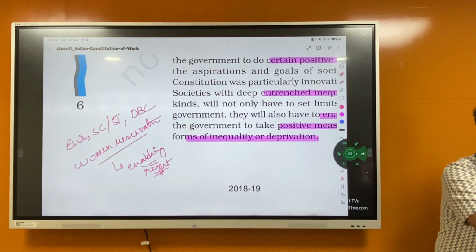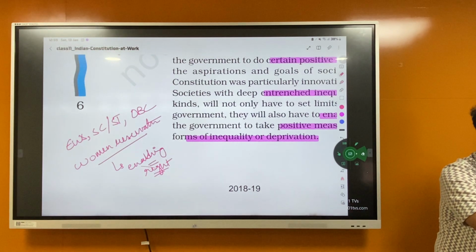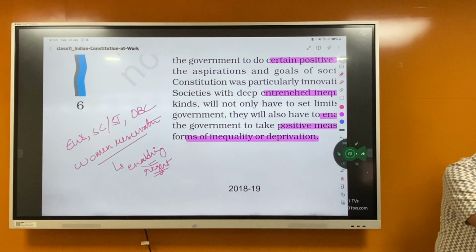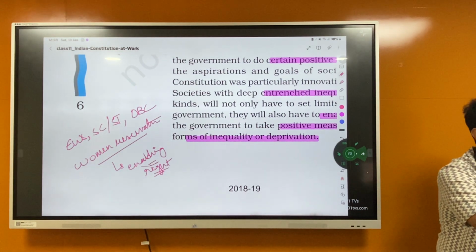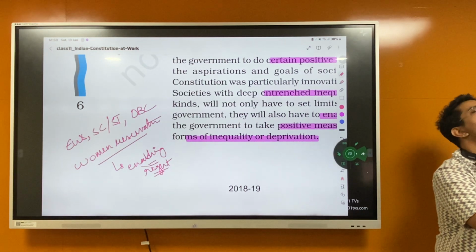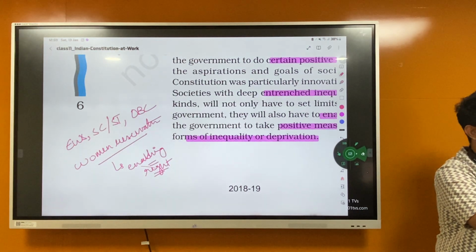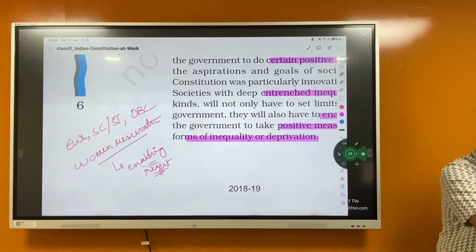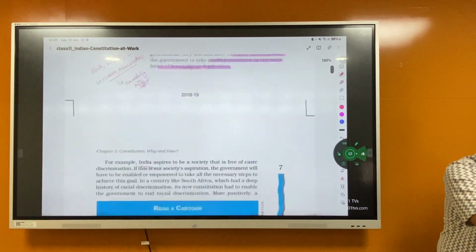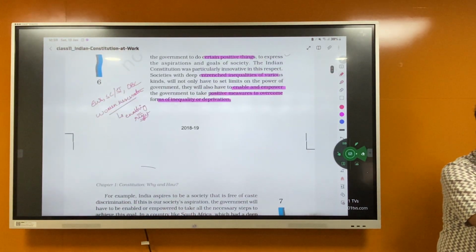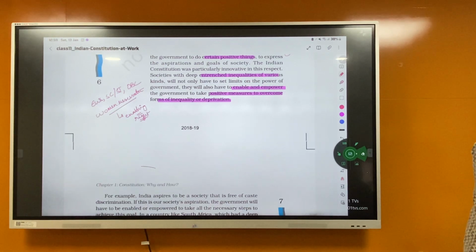Now they have included one more, called EWS. And through which Amendment Act was it brought in? What was the Amendment Act? 103rd Amendment. Okay.